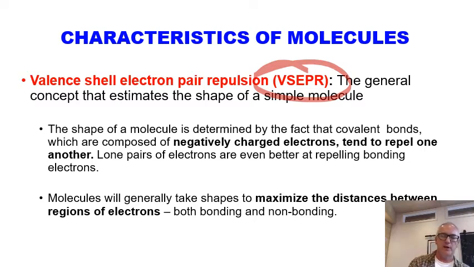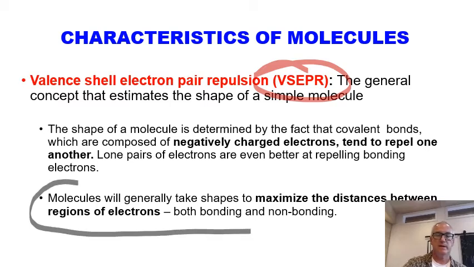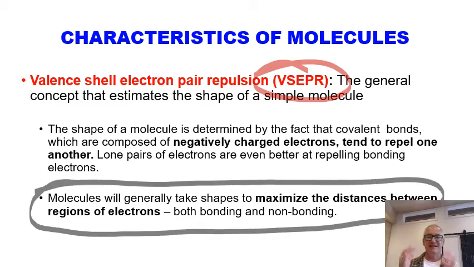So what molecules will do is generally take shapes to maximize the distance between them. So if I have a pair of bonding electrons here in space, and I have a pair of bonding electrons here in space, this molecule will take a shape to maximize the distance between them, because they're both negatively charged. So they're going to push each other away.